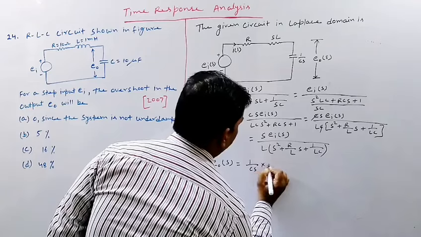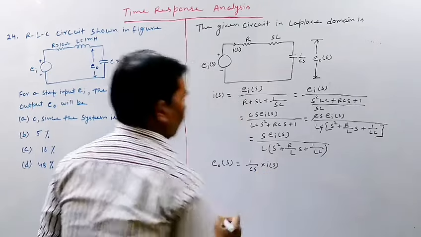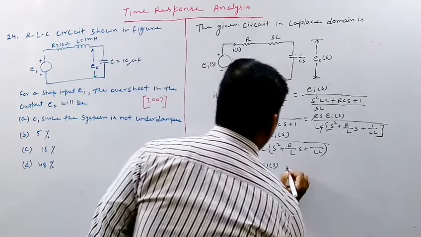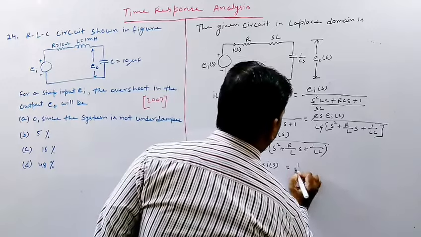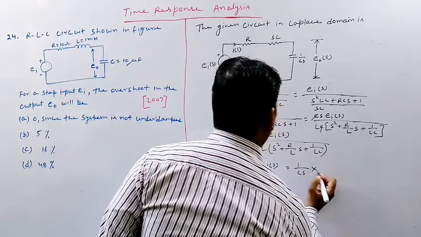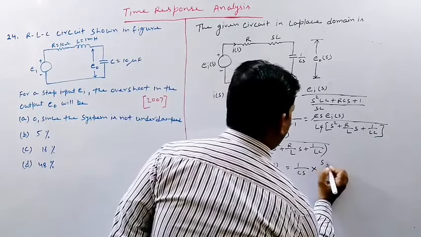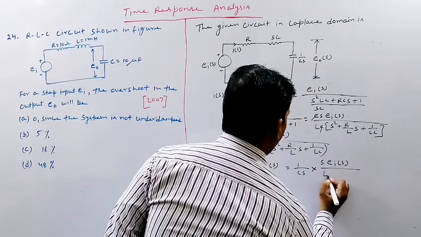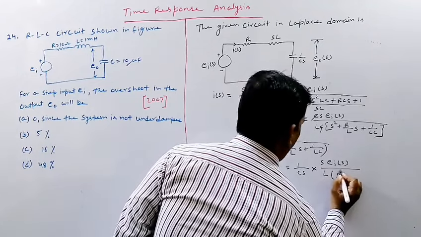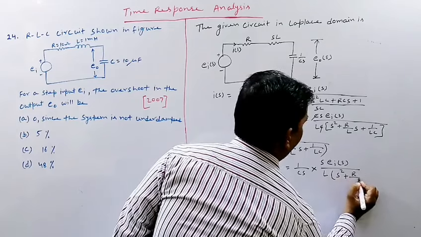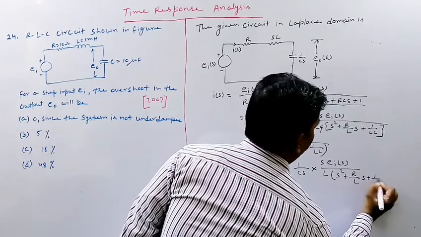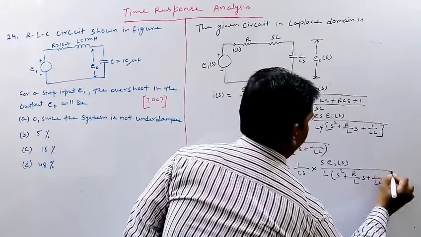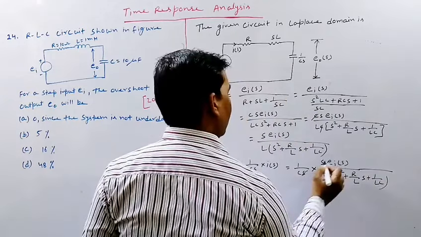So it will be 1 by CS multiplied by S EIS, divided by L S square plus R by L S plus 1 by LC. Now S will cancel out each other.